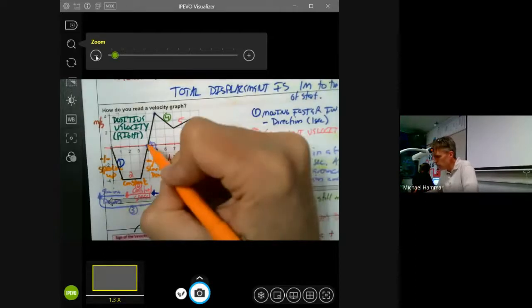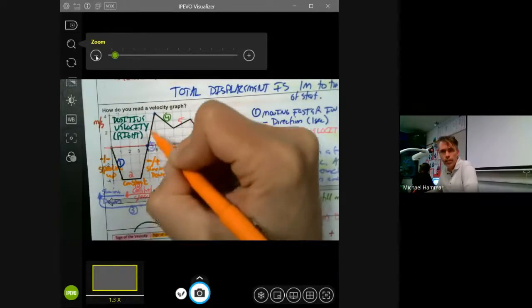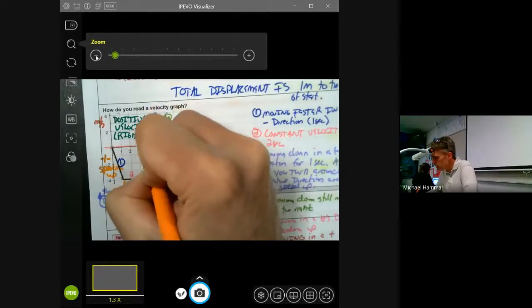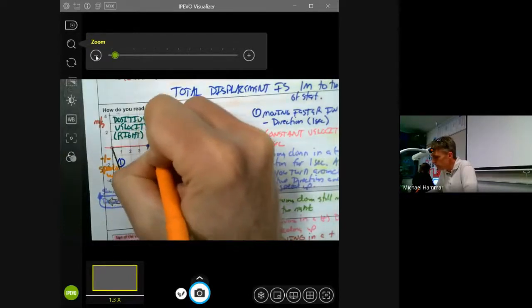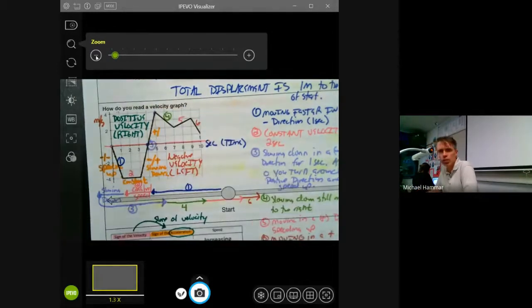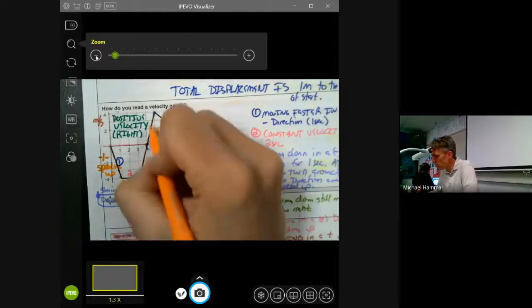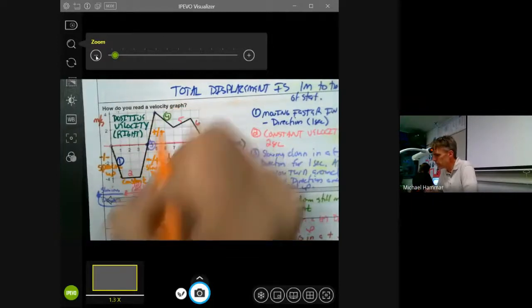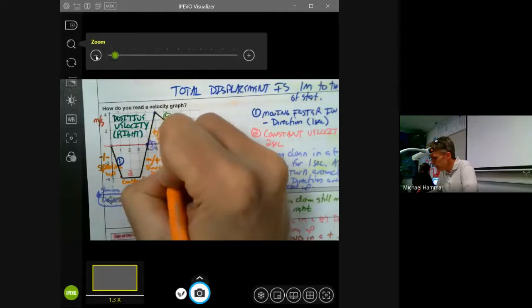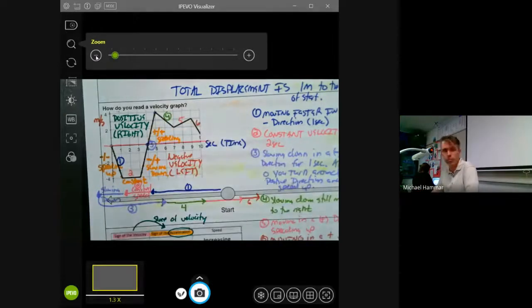Now, look at this part. If we are taking a look right here, notice the velocity now is positive because all of the values are above this line. But tell me, what's happening to the acceleration? The acceleration is the slope of this graph. The slope of this graph is also positive. So this is speeding up from here to here.